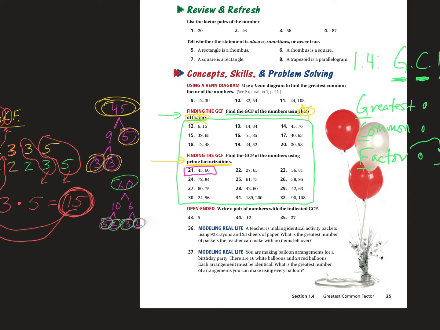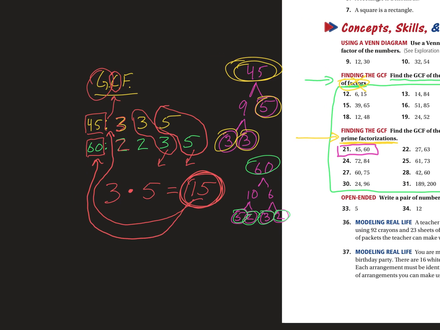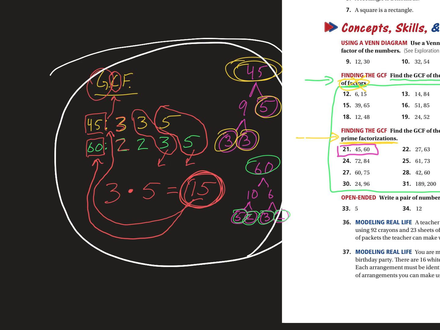Okay? Now, let's just be super clear. On your work, you need to show all of this. Okay? I do not want to see the answer only. I want to see all of this work. All of it. Okay?